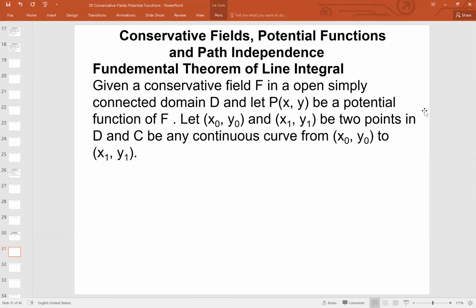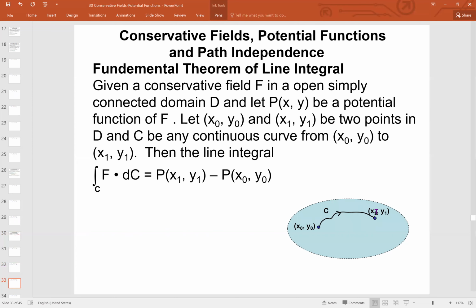If such is the case, and suppose I have a path inside this domain D from one point to another point, like this, then the line integral over this path turns out to be just like a definite integral. We just evaluate these points at P.